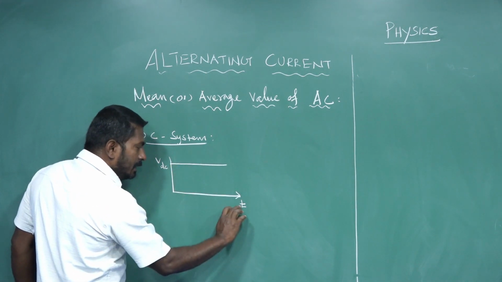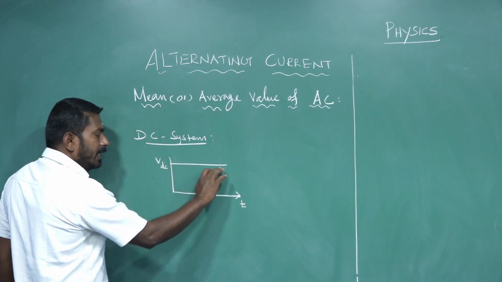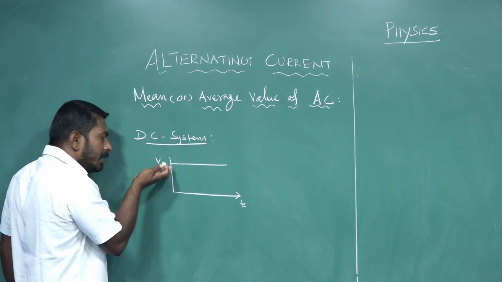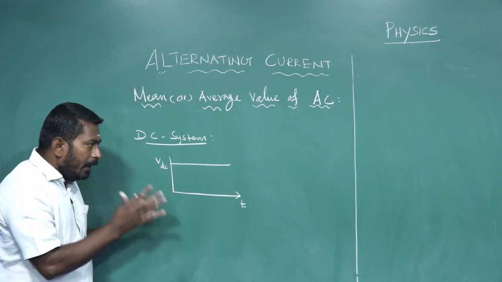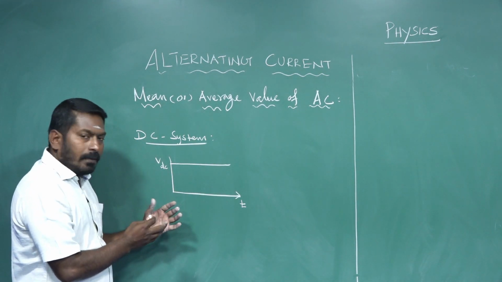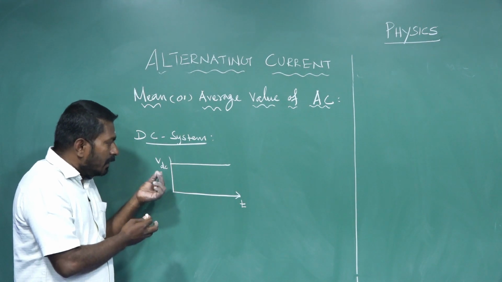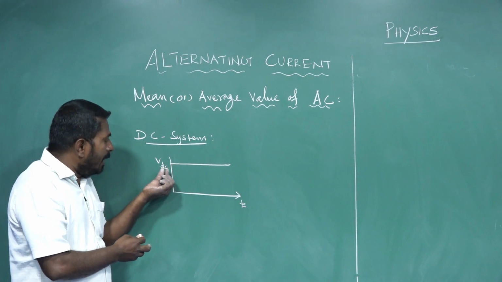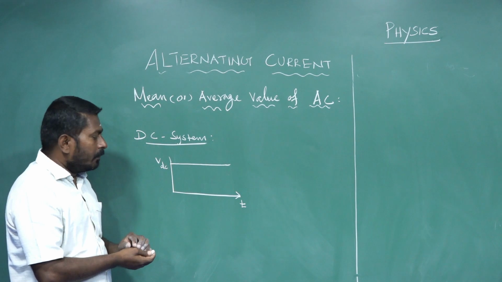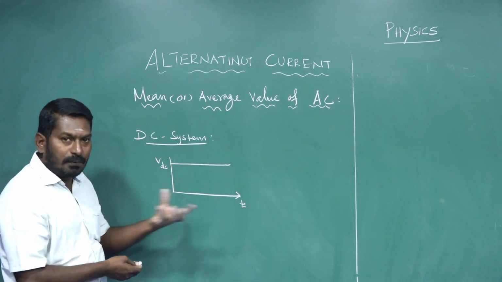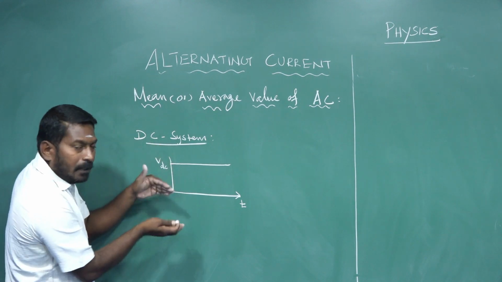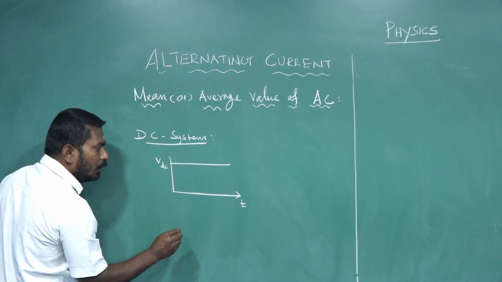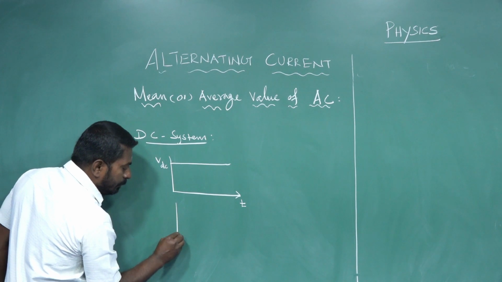If the time value increases, the DC voltage magnitude does not increase; it remains constant. So we can easily represent the magnitude of DC voltage and also the magnitude of DC current. When this kind of DC voltage is applied to a closed circuit, the resulting current flows in the closed circuit.